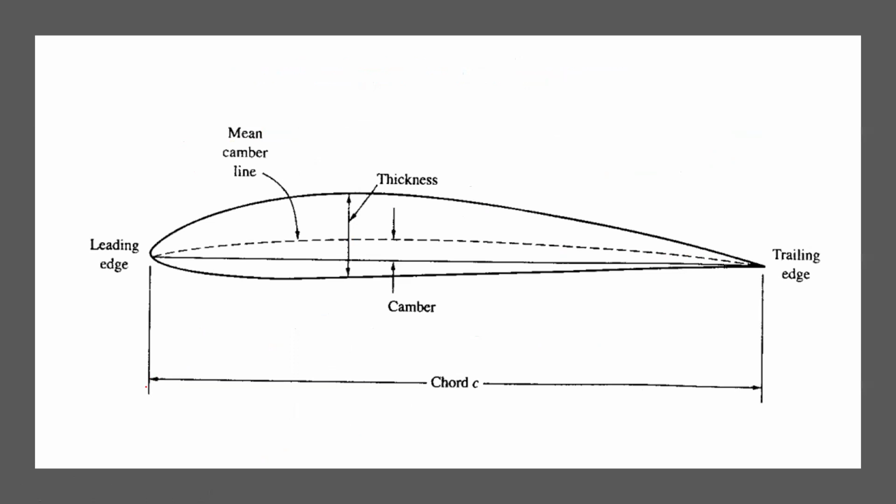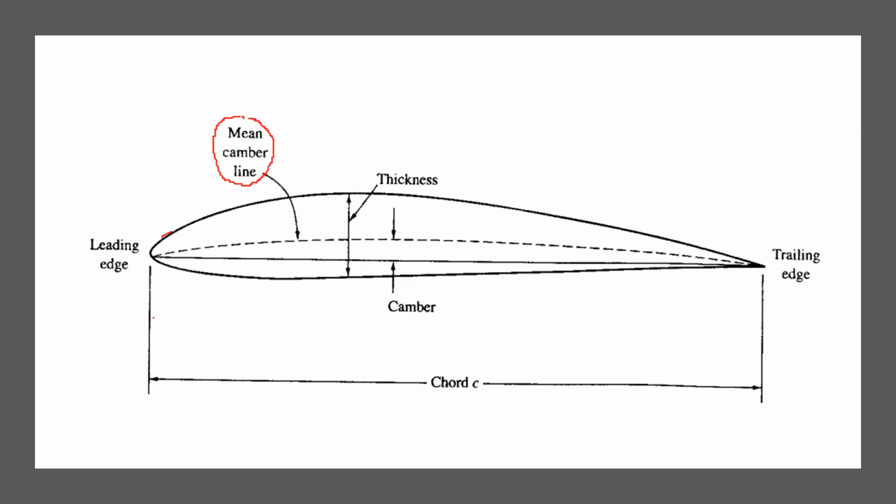I thought that some of you might not know what exactly is the camber and positive camber. So this is some random airfoil. It has two surfaces, the top surface and the bottom surface. There is something called the mean camber line. Can you tell me the definition of mean camber line?